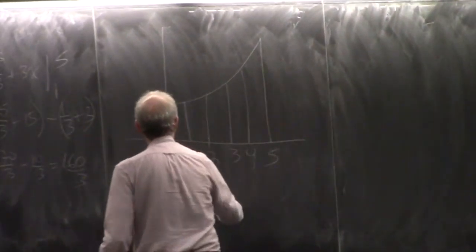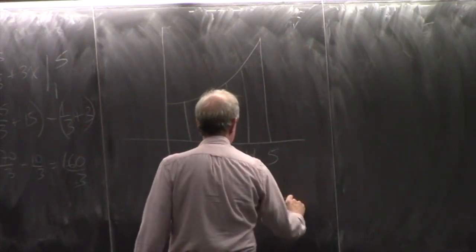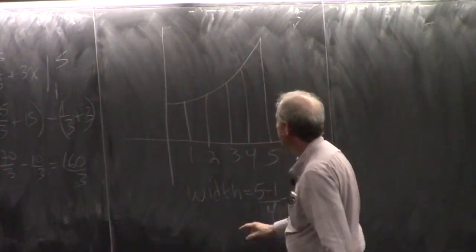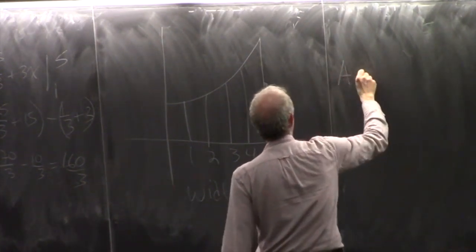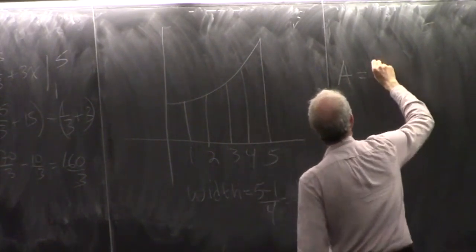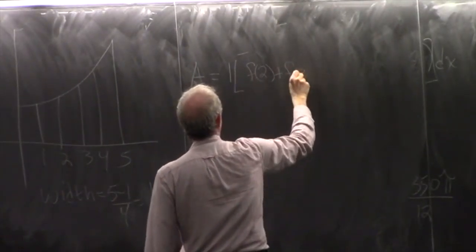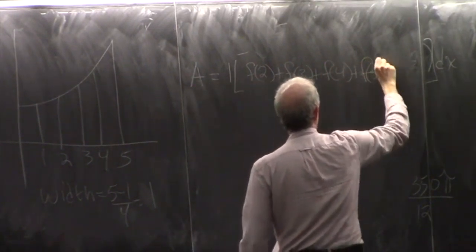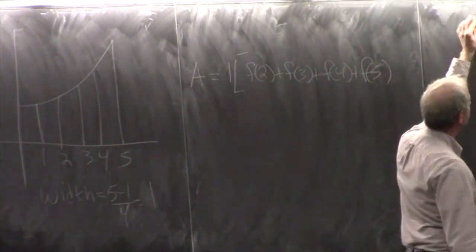So the width is 5 minus 1 over 4 equals 1, excuse me. The height is f at 2, f at 3, f at 4, and f at 5. So the area is going to be 1 times f at 2 plus f at 3 plus f at 4 plus f at 5. And we're going to overstate the area, so we're going to come out with something bigger than 160 over 3.